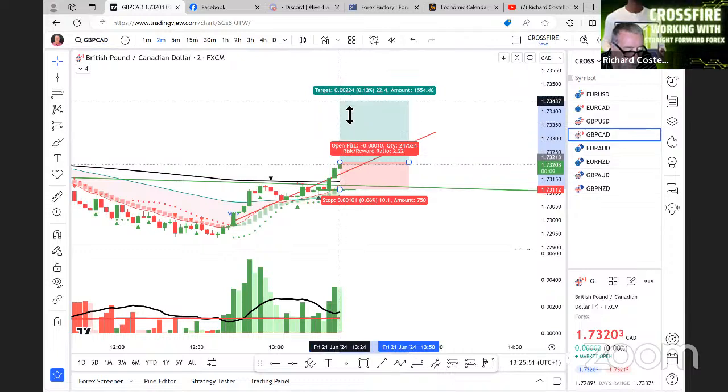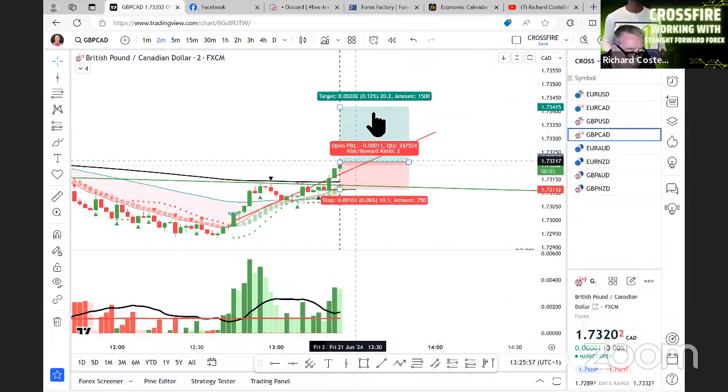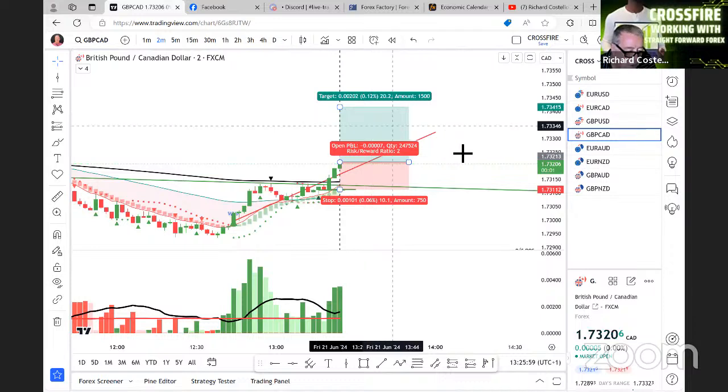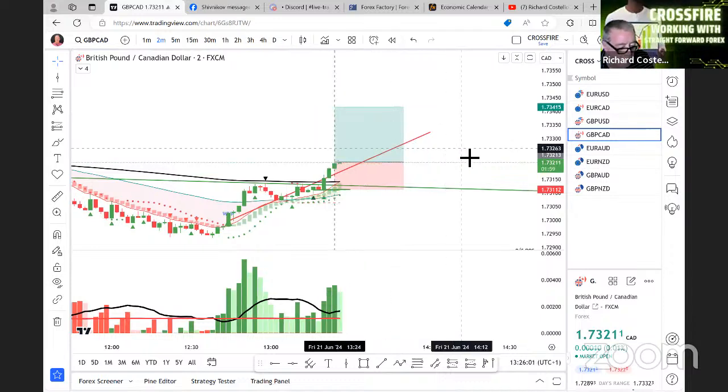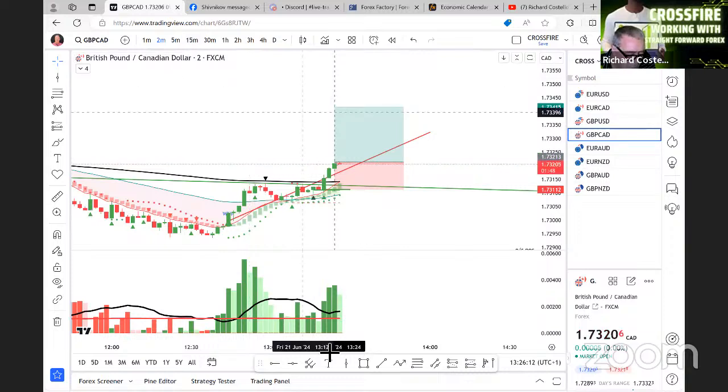I'll just move it a little bit. There we go. So that's 1 to 2. So basically, I'm needing price to get up to that point there for me to make a gain of 2% on my account. So one of the things I can do to see if that's a good trade to be in is I'll just mark that level first of all.